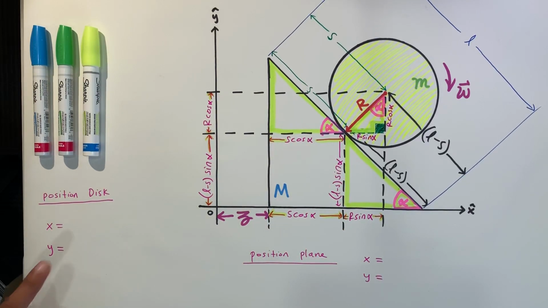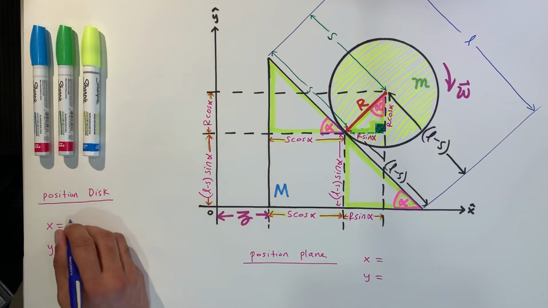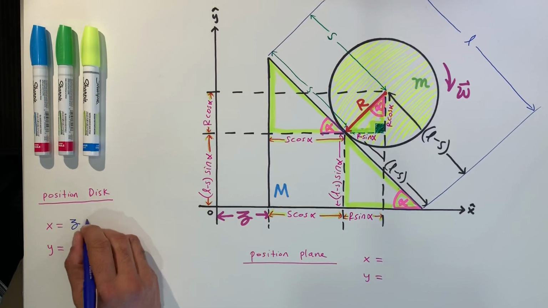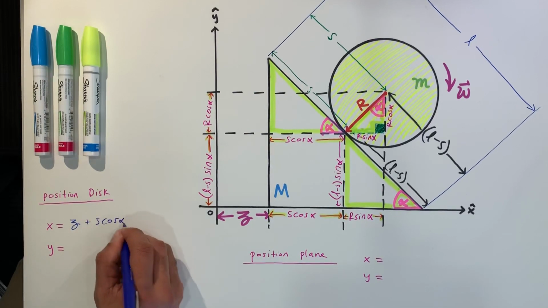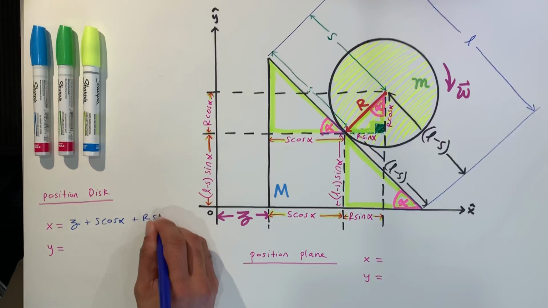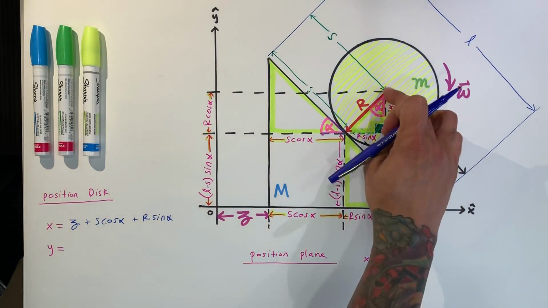So let's start with the position of the disc. What do we have? We have in the X direction, this funny Z looking thing plus S cosine alpha plus R sine alpha, all right? And so then that takes me to the center of the disc.